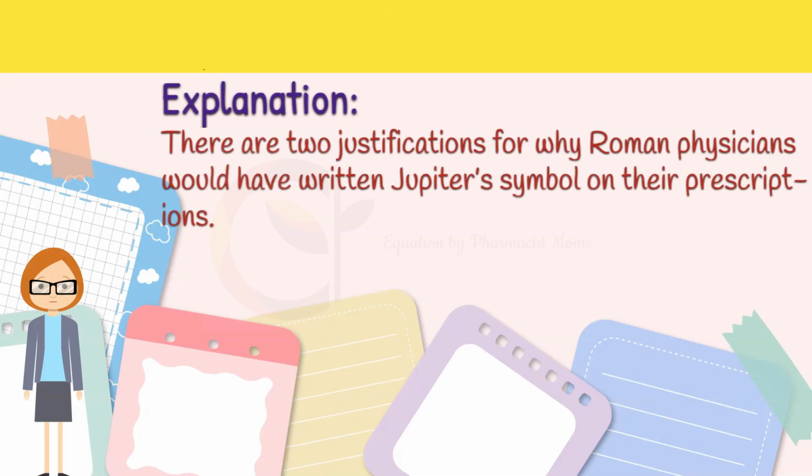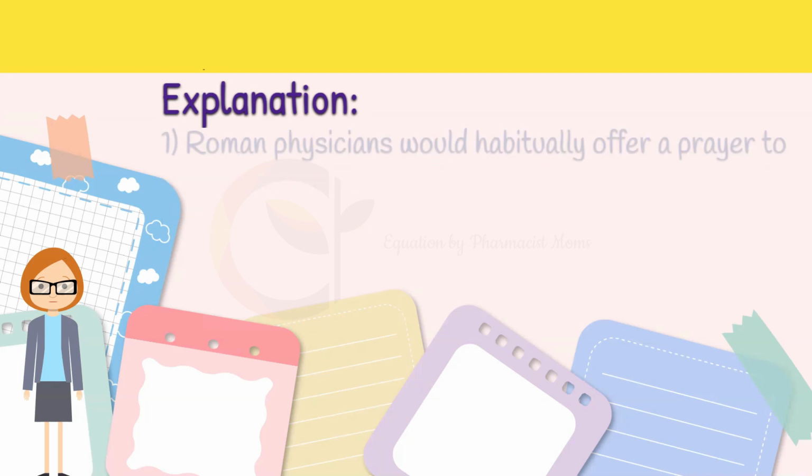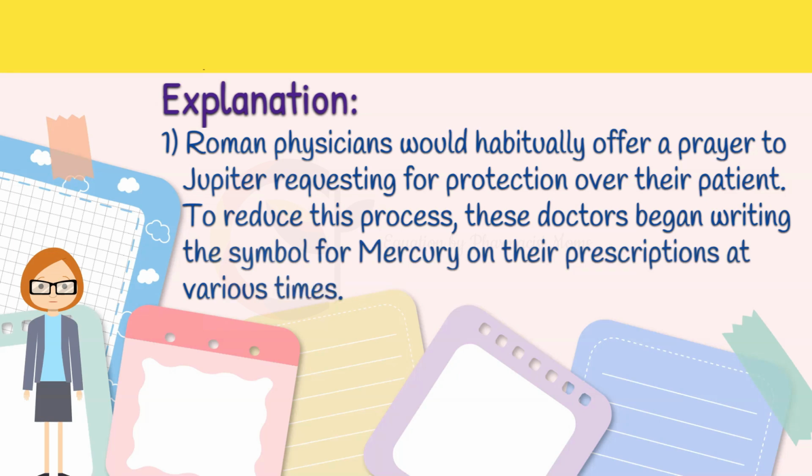There are two justifications for why Roman physicians would have written Jupiter's symbol on their prescriptions. The first is that Roman physicians would habitually offer a prayer to Jupiter, requesting protection over their patient. To reduce this process, these doctors began writing the symbol for Mercury on their prescriptions at various times.